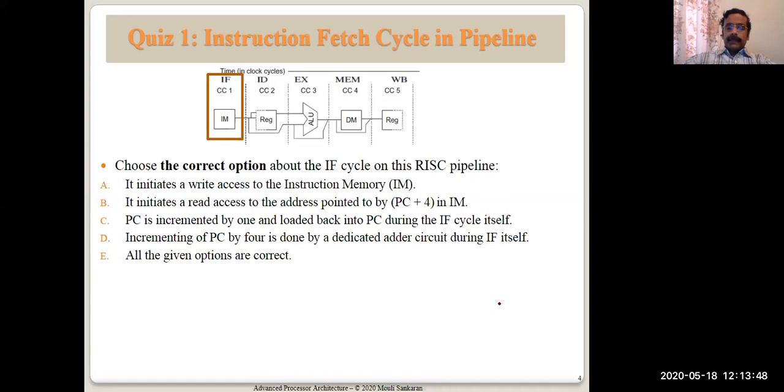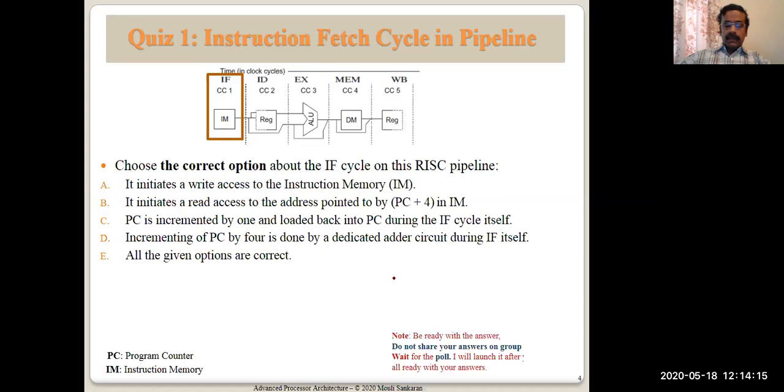Okay. The result says the distribution is all over. Based on this, what did you conclude? Don't go by majority. Let me show the answer and then explain, because it will make you think.